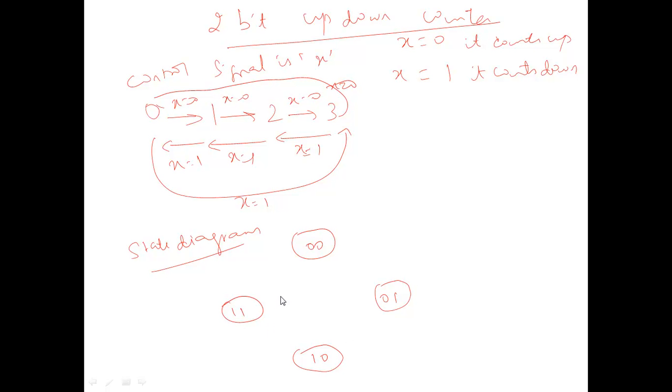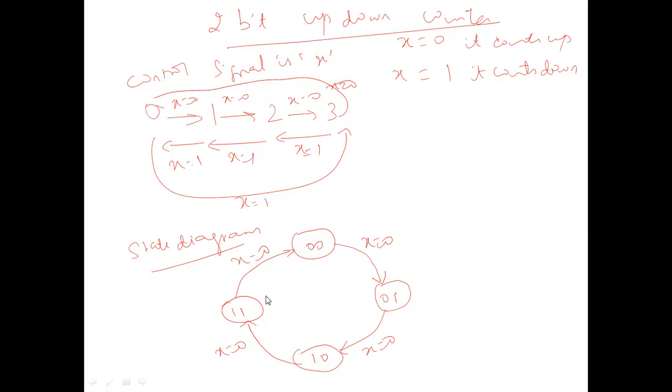Whenever X equal to 0, it will count up. So from 0 0 it goes to 0 1 when X equal to 0. From 0 1 it goes to 1 0 when X is equal to 0. From 1 0 it goes to 1 1 when X equal to 0. And from 1 1 it goes to 0 0 when X equal to 0. So when X equal to 0, it is going up. When X equal to 1, it will come down.